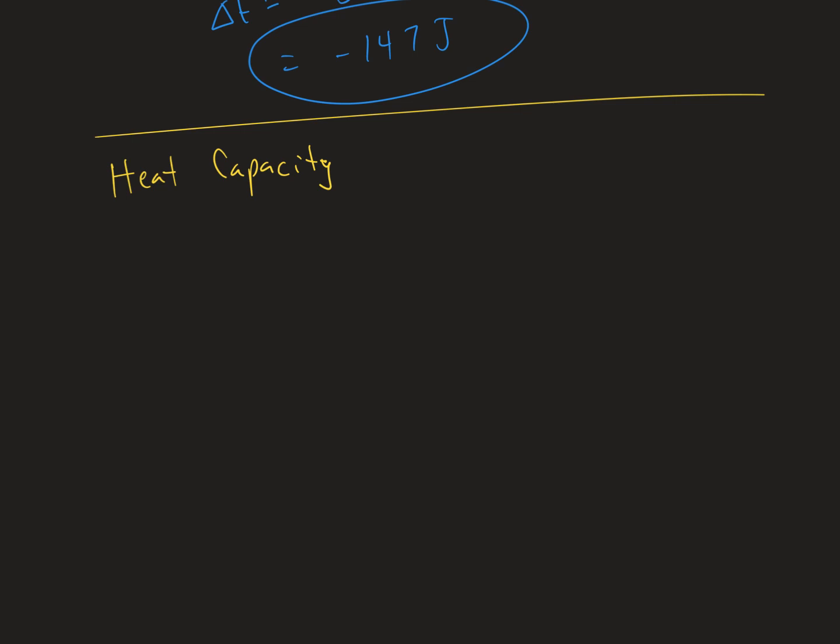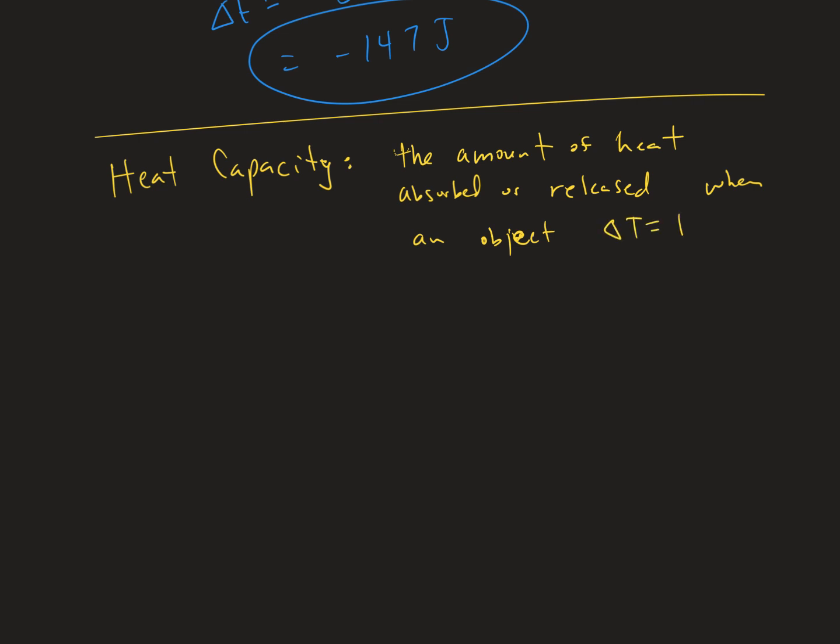But the heat capacity of an object is the amount of heat absorbed or released when an object undergoes a change in temperature of 1 degree Celsius.